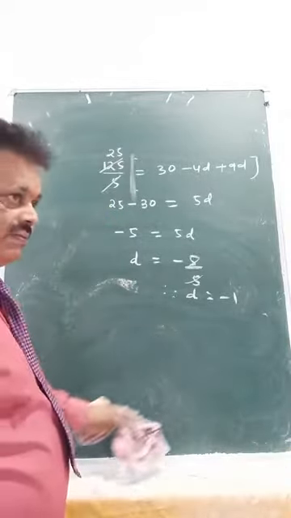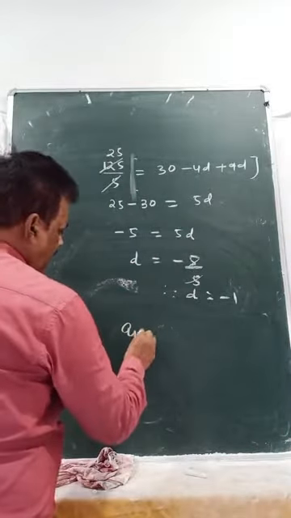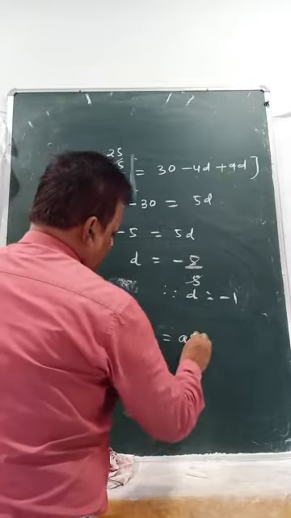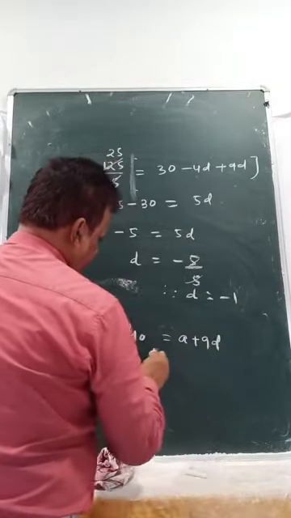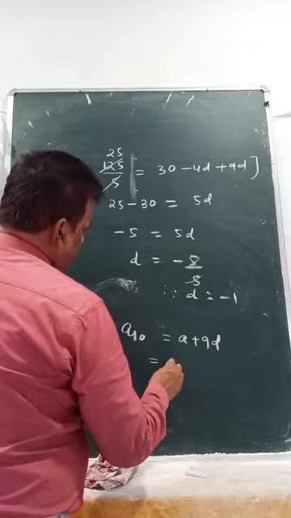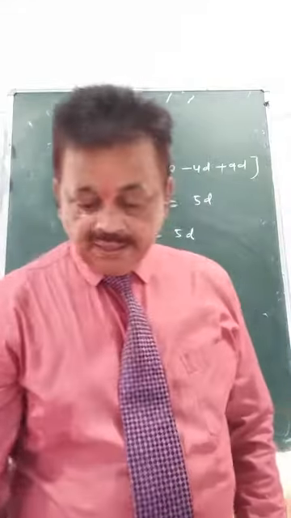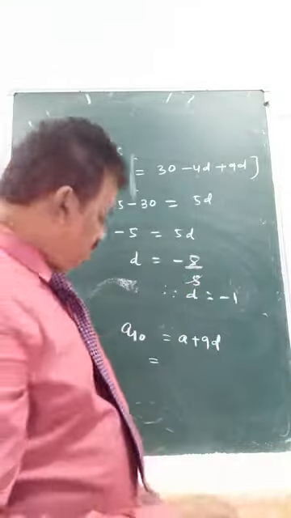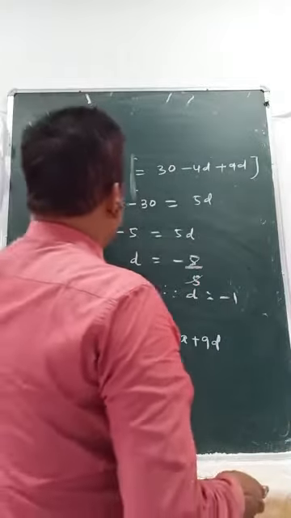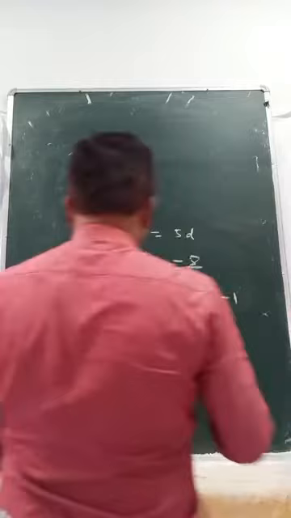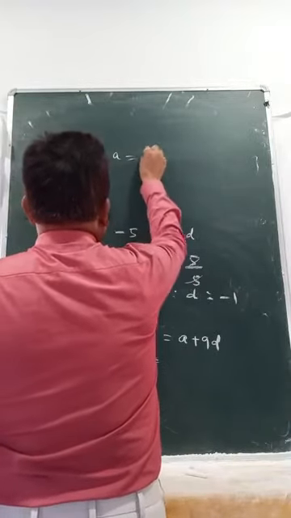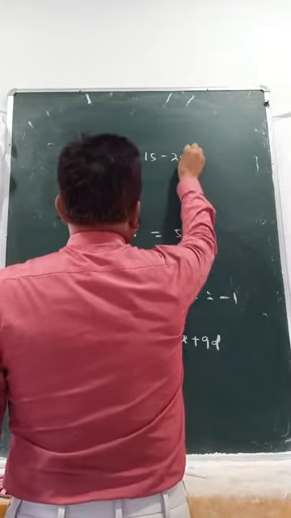Then comes A10. A10 means A plus 9D. So how much is A? We have not found A yet. Let's find A. A is 15 minus 2D.